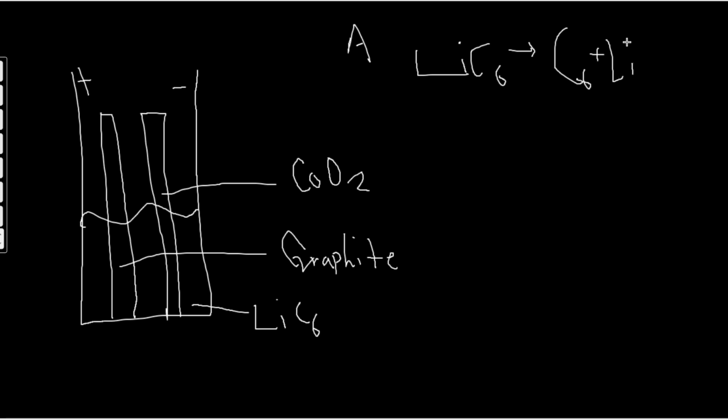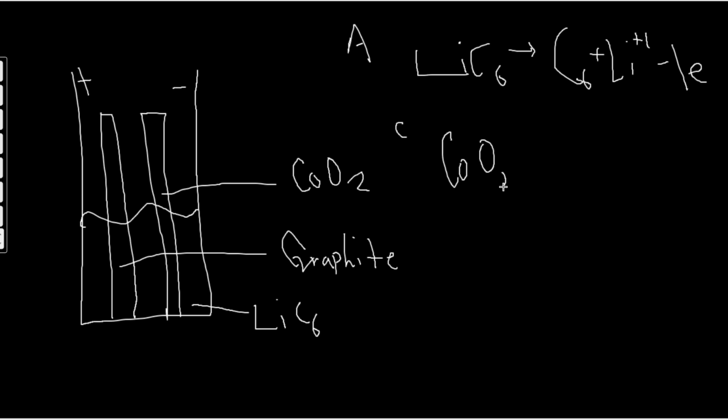Now the reason that we don't see any excess carbon from the graphite here is because graphite is a neutral anode, or we can say a neutral electrode, where it doesn't have any involvement in the reaction. Okay, so this produces a lithium ion with one electron.